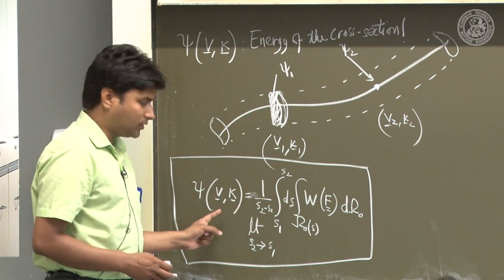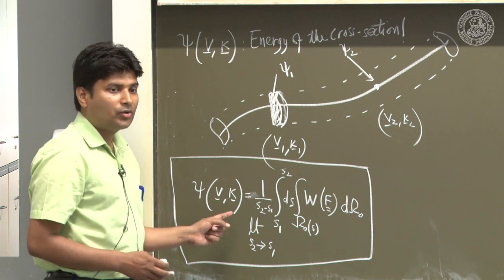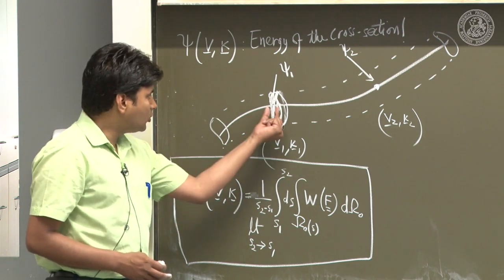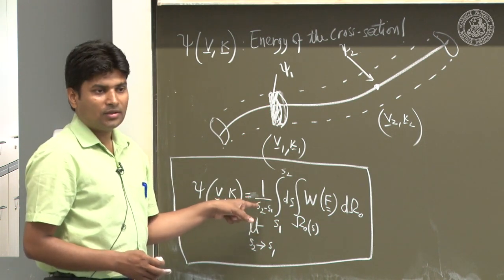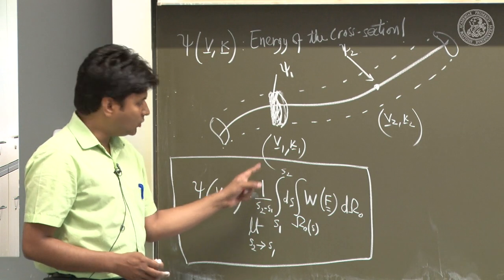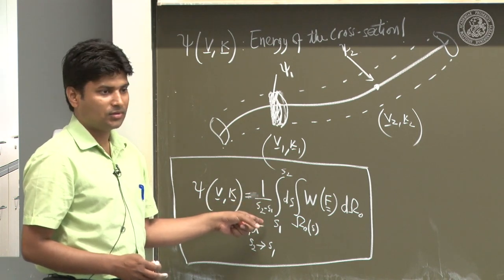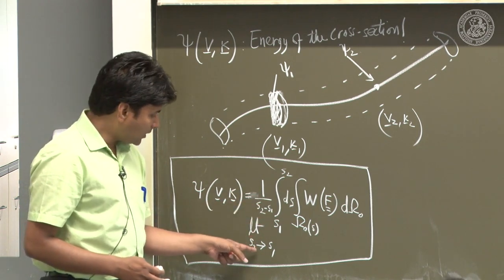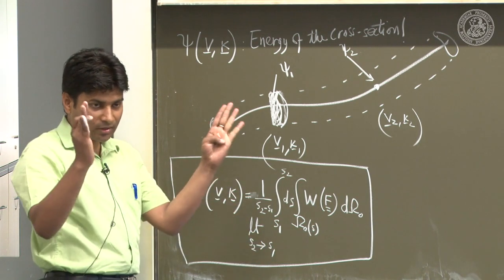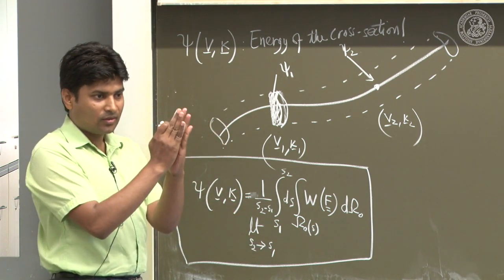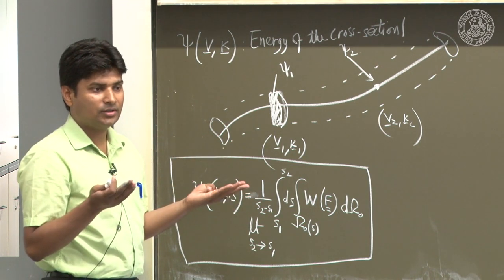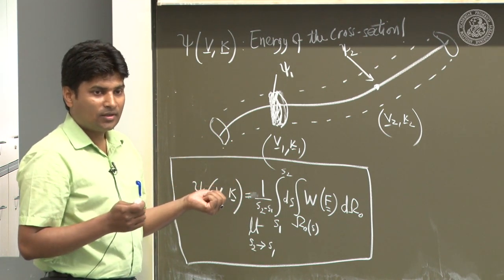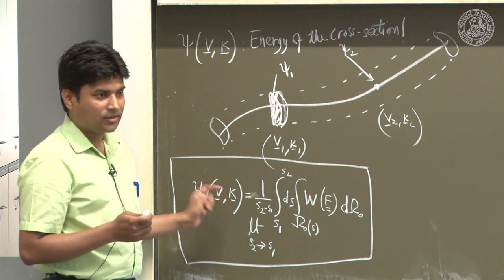And then what is psi? That is the energy per unit length. Now, the length of that domain is S2 minus S1, isn't it? So, if you want per unit length, you divide by S2 minus S1, and then take the limit S2 tending to S1. So, you shrink the domain, and then what you have is just the cross section, isn't it? So, that is the cross sectional energy.